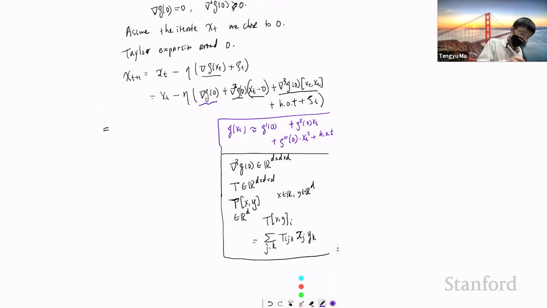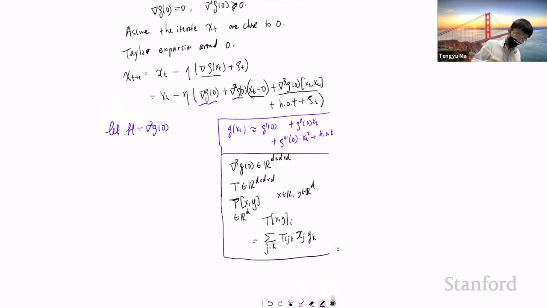So basically what we're going to get is x_t minus eta times, okay, let me define for simplicity H to be the Hessian at 0.